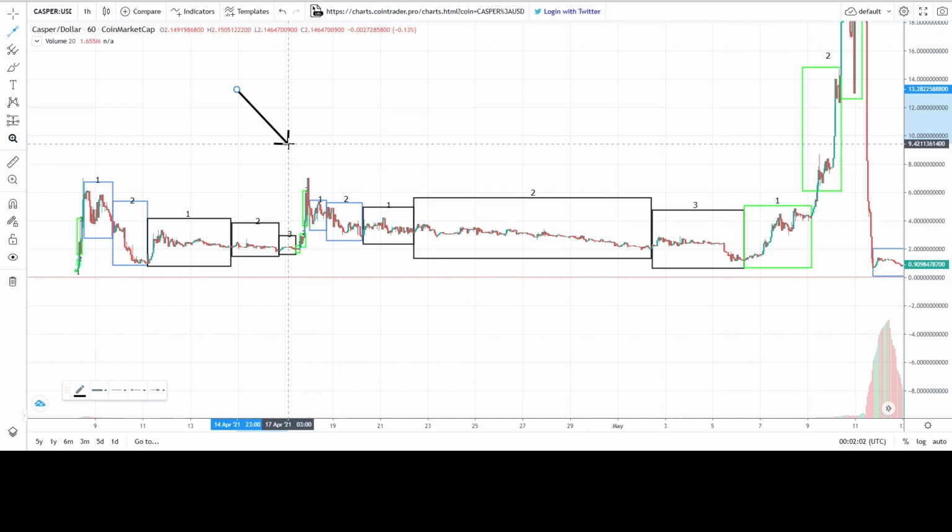Now, I'm not going to go into the details of this repetitive structure. I've done many videos. You can go back and watch my previous videos and understand the repetitive nature of the Casper chart. I will briefly touch on it just in case you're new and you're wondering what I'm talking about. So Casper has a few key parts to its chart.